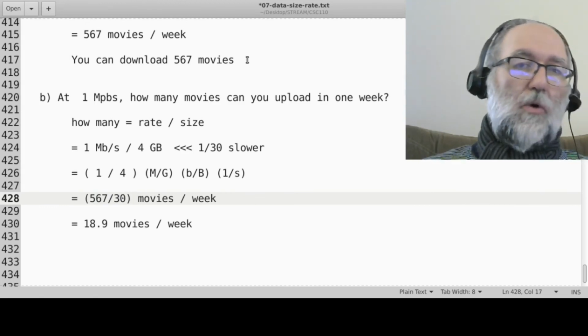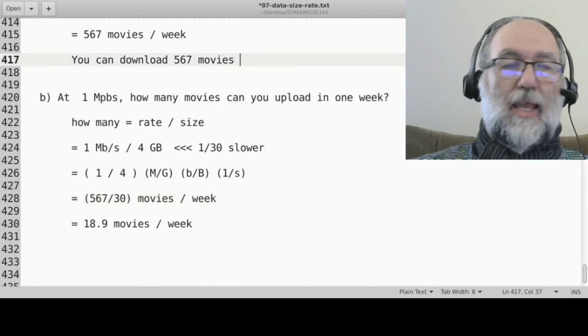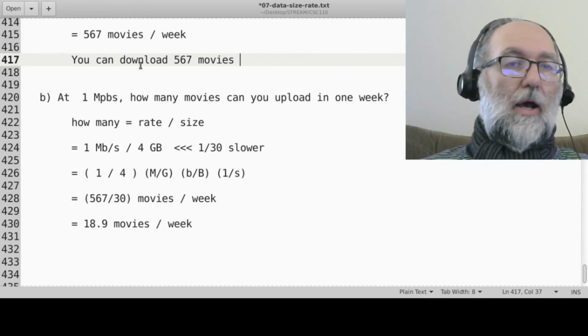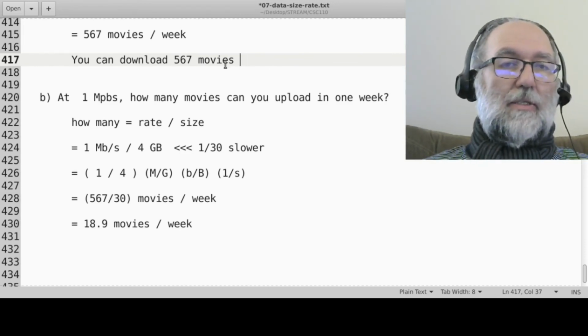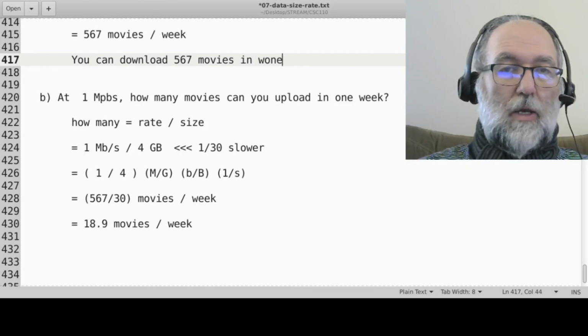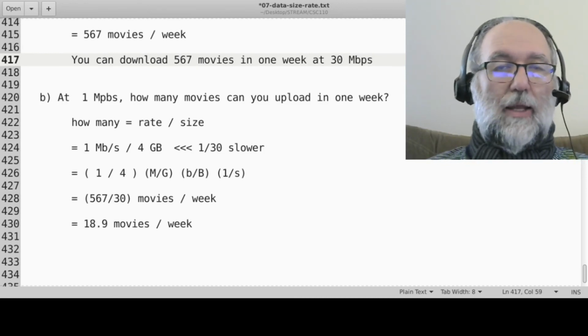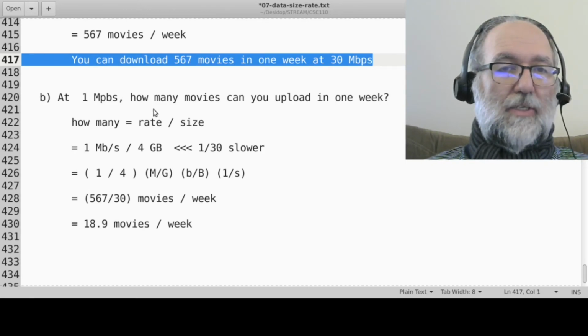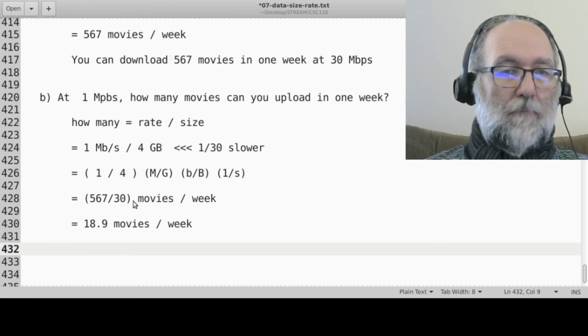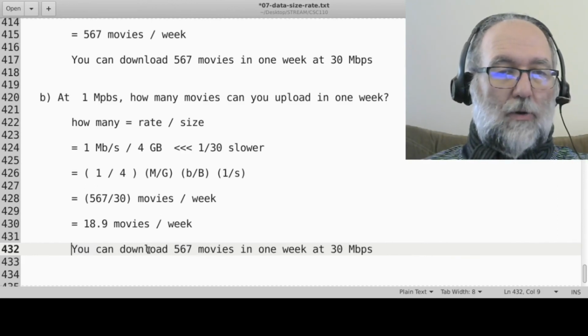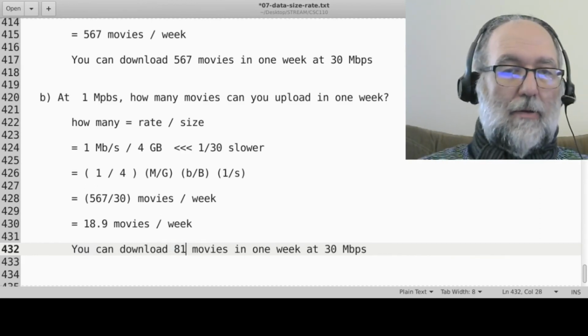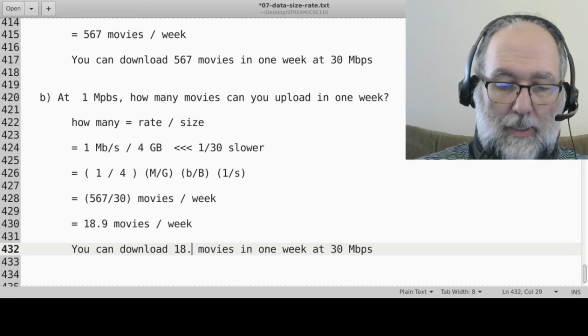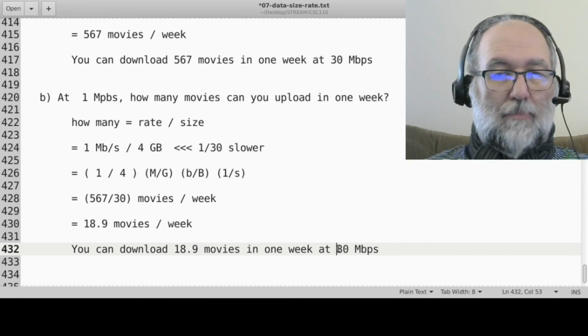Okay? And so let me just put the two statements side by side. You can download 567 movies in 1 week at 30 megabits per second, okay, like that. And down here, the similar statement would be you can download 18.9 movies at 1 megabit per second.